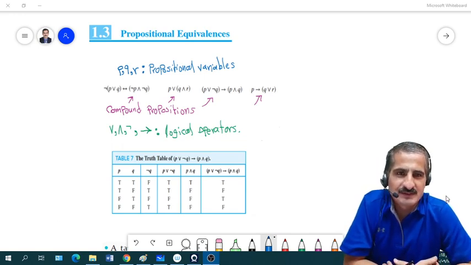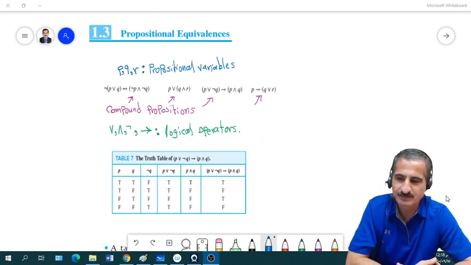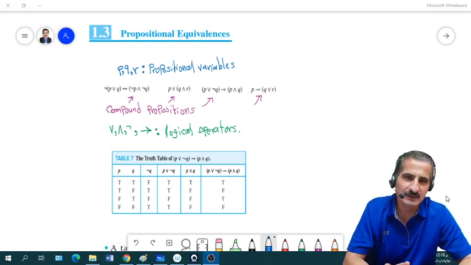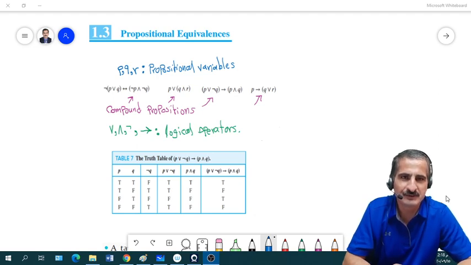Propositional equivalence. That's what we are going to learn in this video. As we learned in the previous videos, compound propositions are made from primitive propositions or propositional variables along with logical operators.